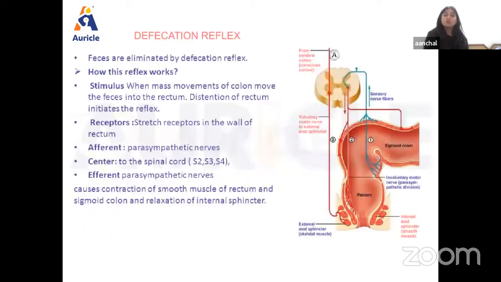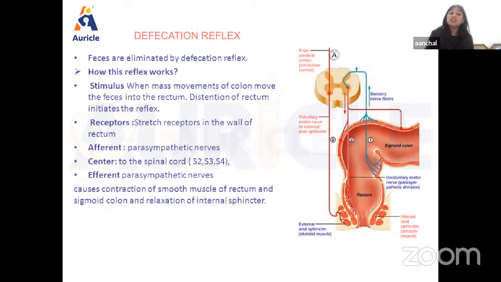Now we're going to learn about the defecation reflex. Feces are eliminated by the defecation reflex. And what is the stimulus? When mass movement of the colon moves the feces into the rectum, distension of the rectum initiates the reflex.